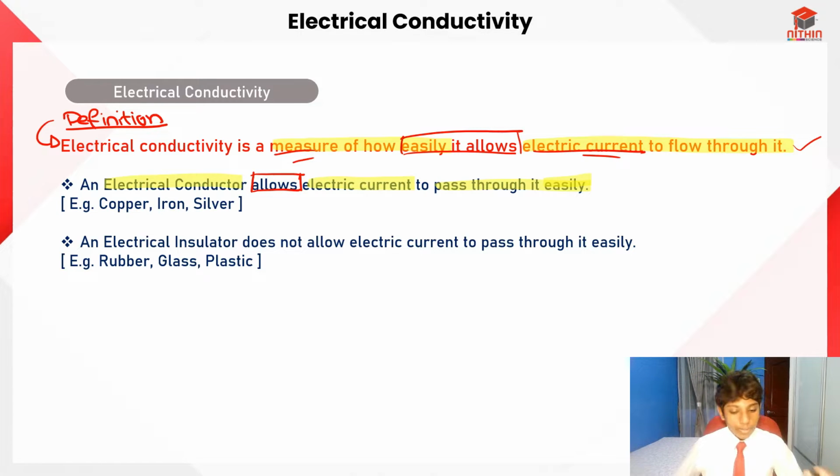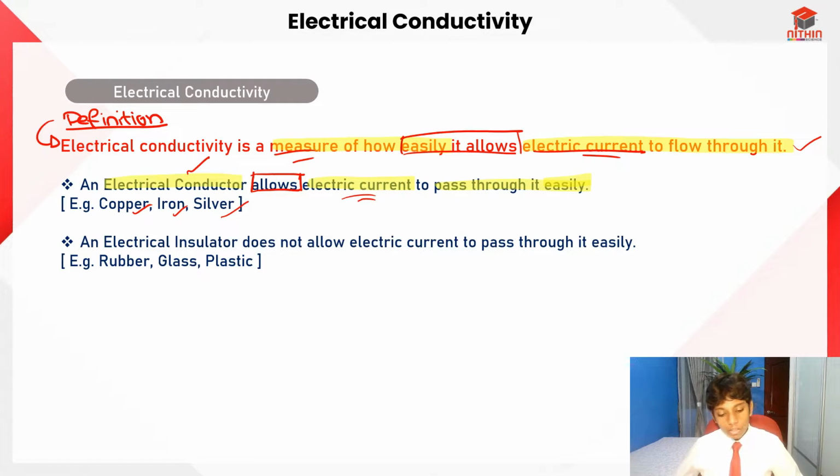Such materials are copper. Copper is used for wires. Iron and silver. These are just mere examples of an electrical conductor.